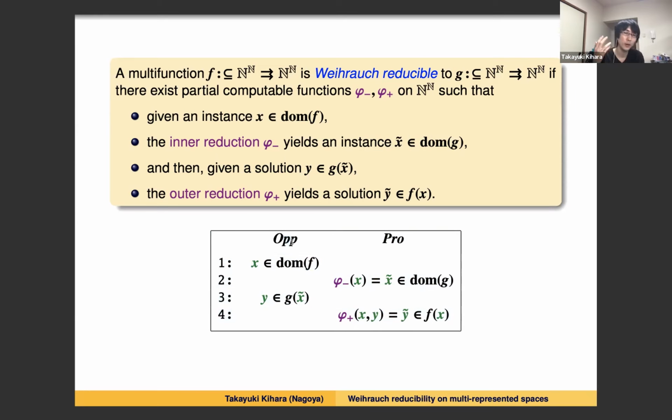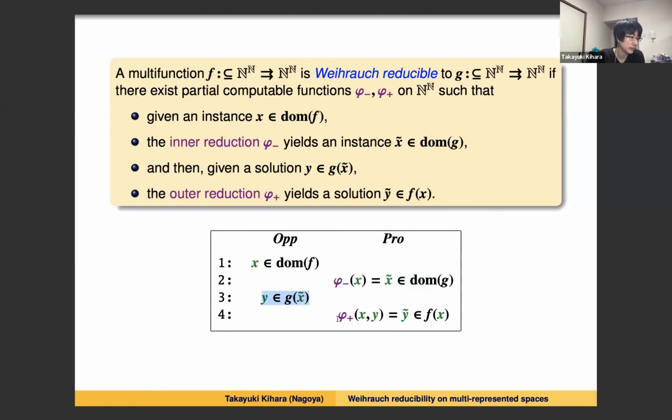First, the opponent chooses an input x. In response, the proponent makes a query, that is, chooses an input x tilde for G. Then the opponent chooses a solution y of G(x tilde).